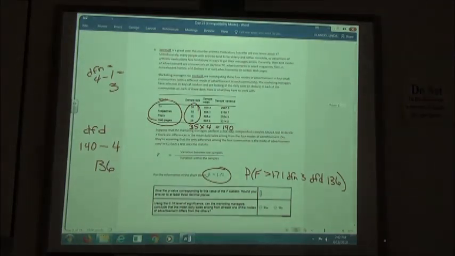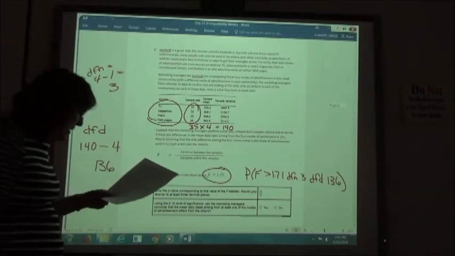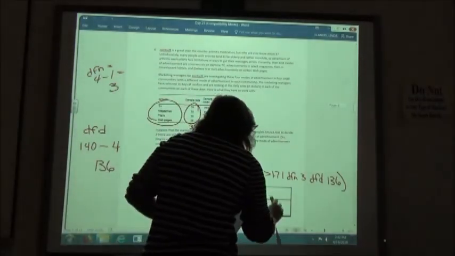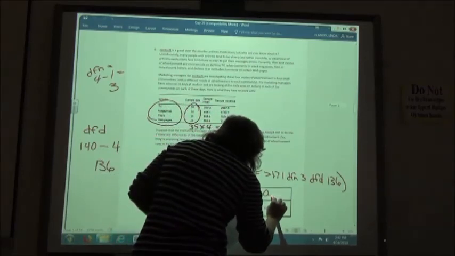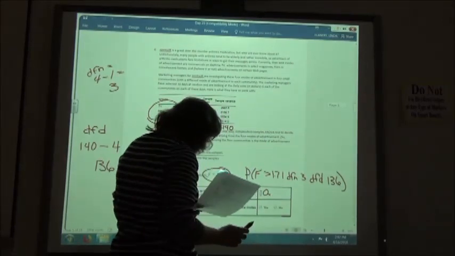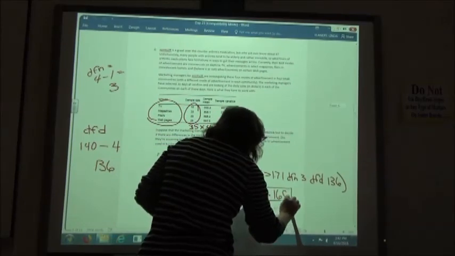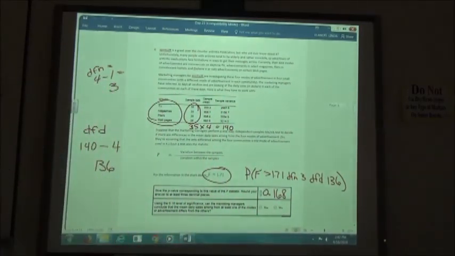P of F is greater than 1.71 with a degree of freedom of 3 in my numerator and a degree of freedom of 136 in my denominator. Hopefully you've punched that in. My point didn't show up very well. 0.168 should be my value.